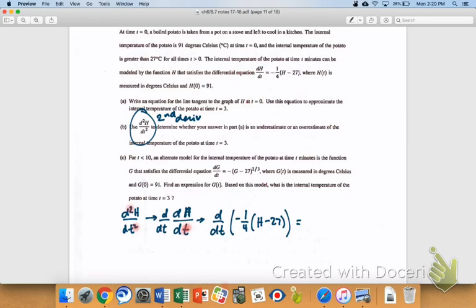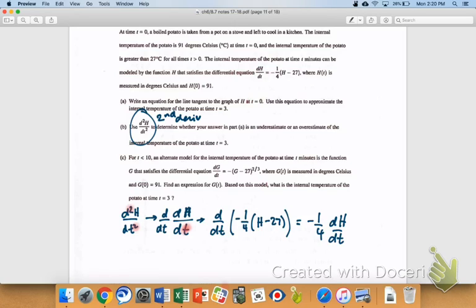Thoughts? Come on. Negative 1/4 dh dt. What do you guys think? Is that good, bad, close, way off? What do you think? Plus?